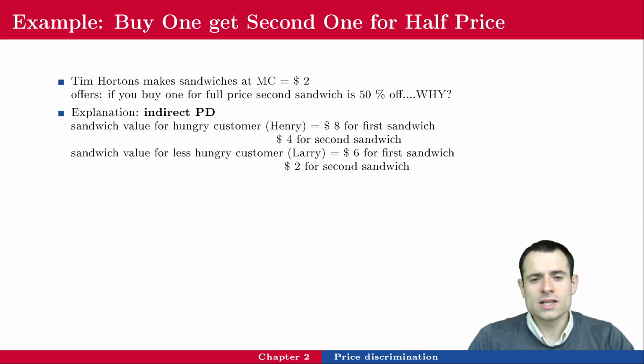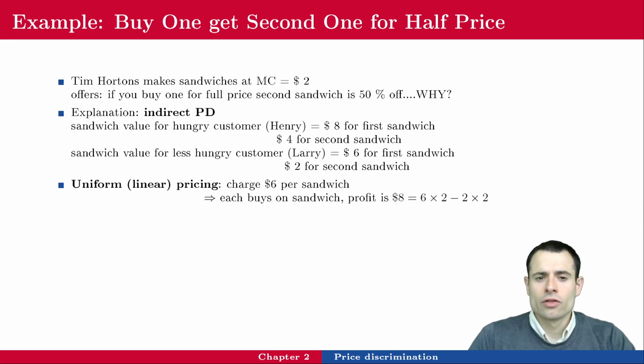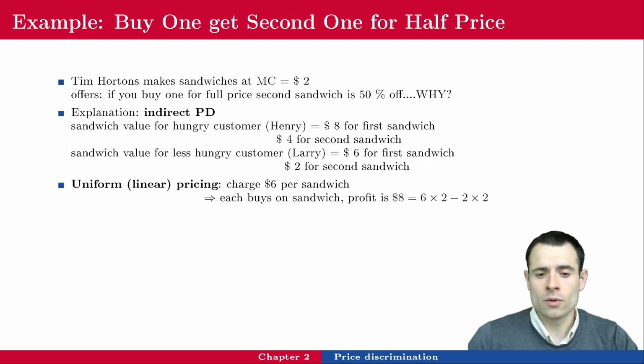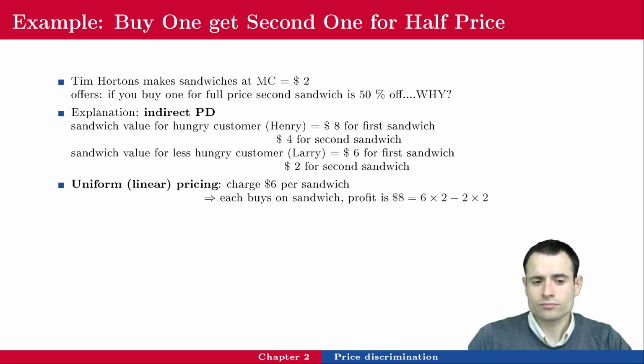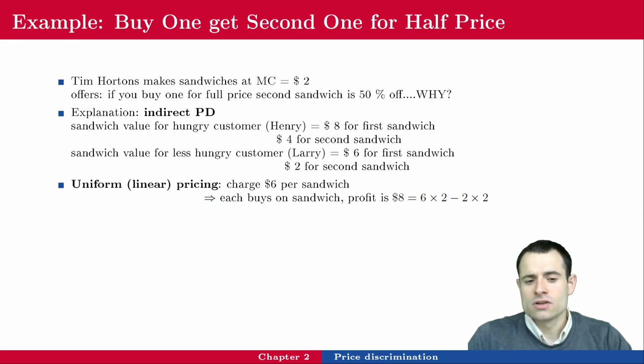Now, let's walk through three different types of pricing. The first one will be uniform linear pricing. We can go through different scenarios where we have different prices. You can check this at home. Tim Hortons will maximize profits if it charges $6 per sandwich.